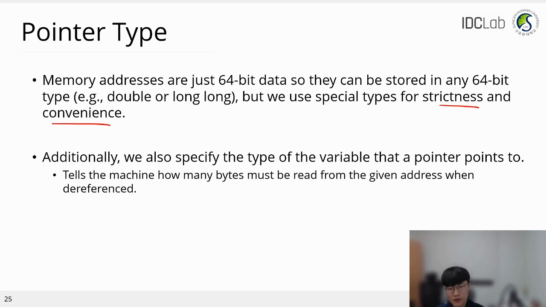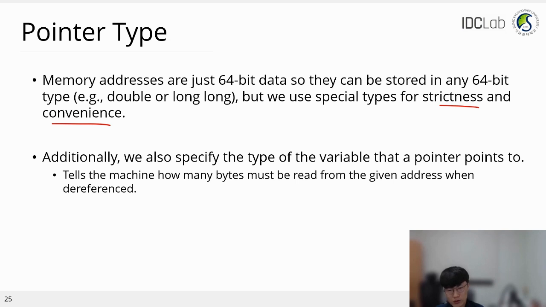It's hard to distinguish values and addresses. But if you use pointer types, then we can assume that numbers in pointer variables are memory addresses and others are just numbers. And when you define a pointer type, you need to specify the type of the variable that a pointer points to.